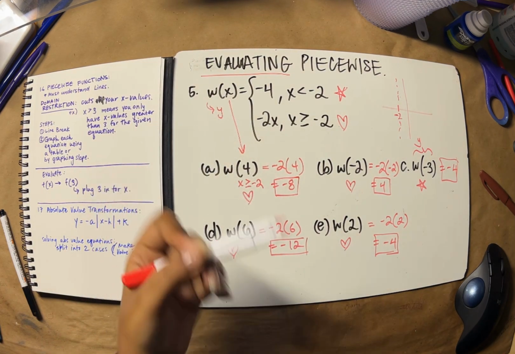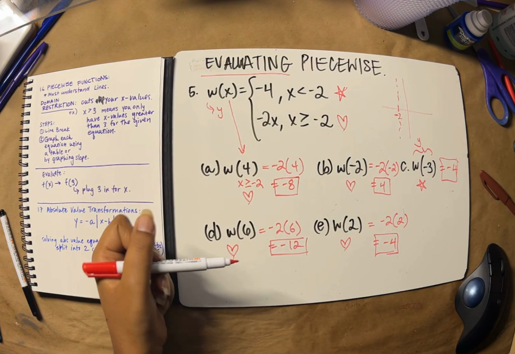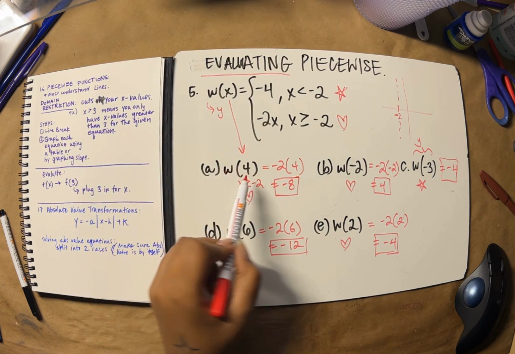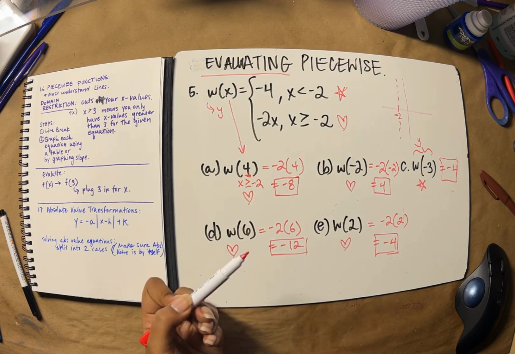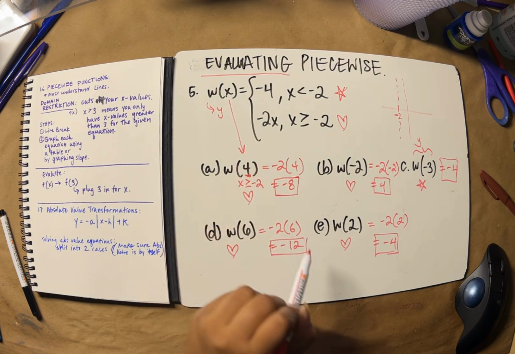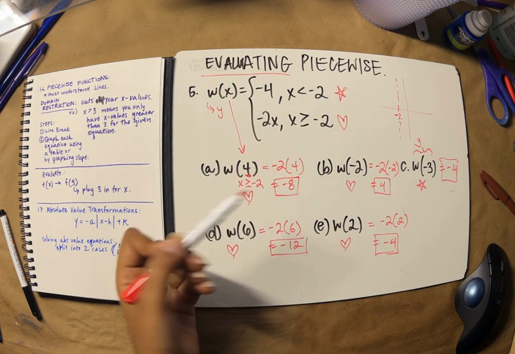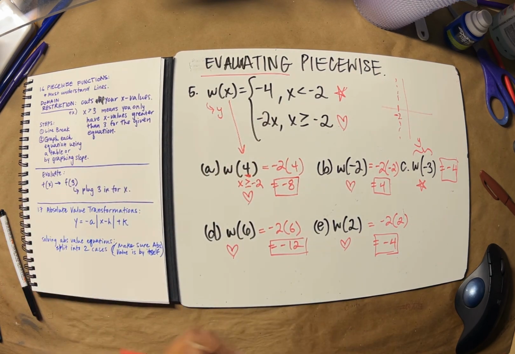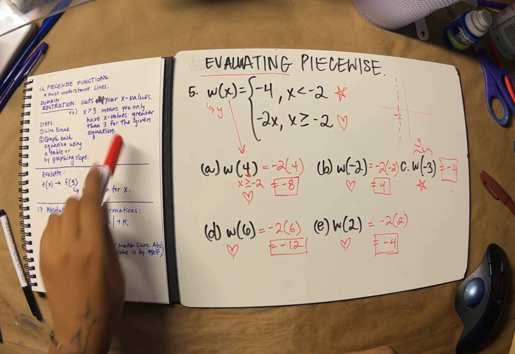Evaluating just means that I'm plugging numbers into the given equation. So this I know is an x value, the inside of my parentheses. That means I'm going to be plugging it in for any x values that I see in the equation part of my problem. Those might be some common things that could be troubling us.